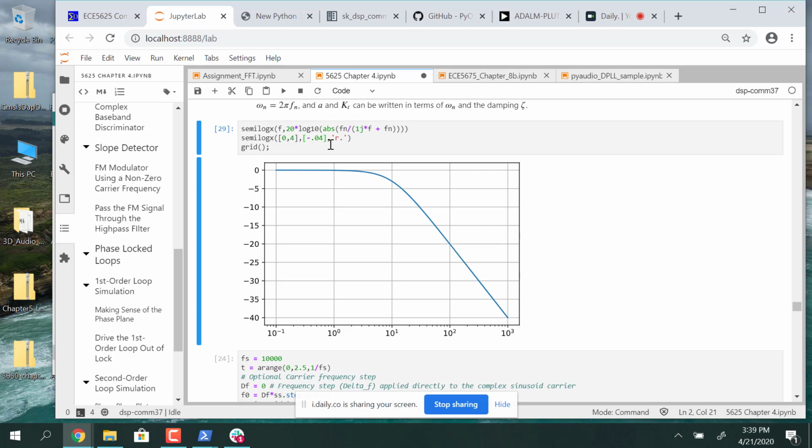And I want to have this in dB, so I'll fix that in a second. Oh, never mind. The 0.04 was in dB already, so I have to put this one in dB. So I'll just do it this way.